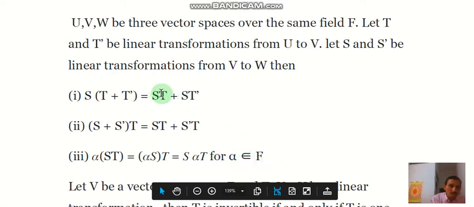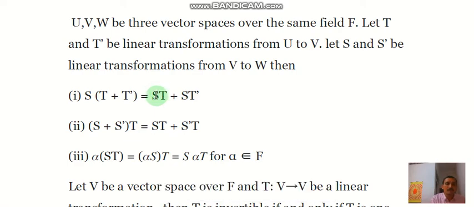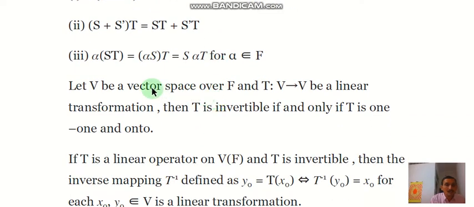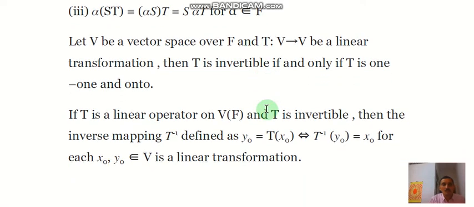Here the product ST is the composition of the two mappings S and T, which we have defined in the previous lecture. So let V be a vector space over F and T be a linear transformation from V to V, then T is invertible if T is 1-1 and onto.